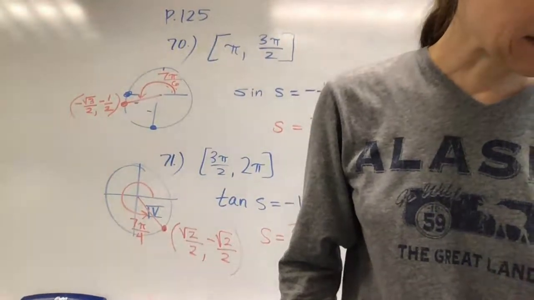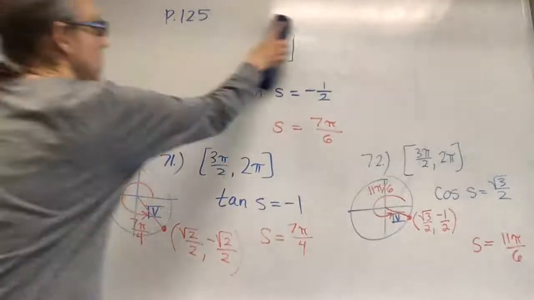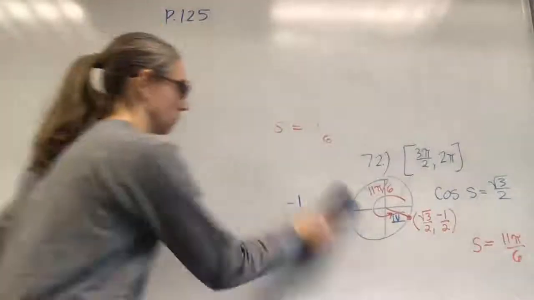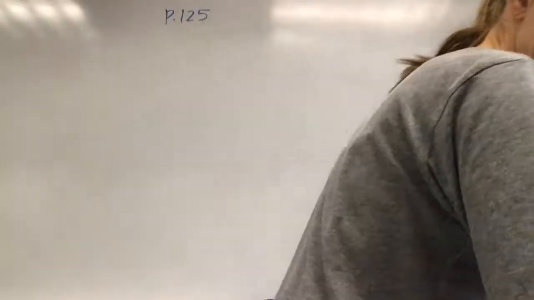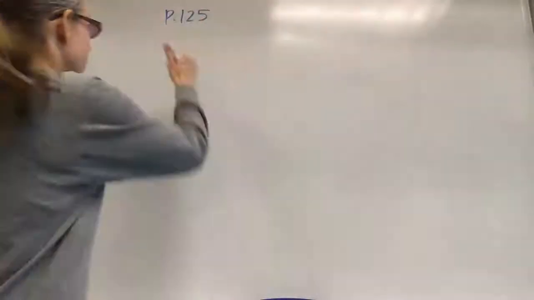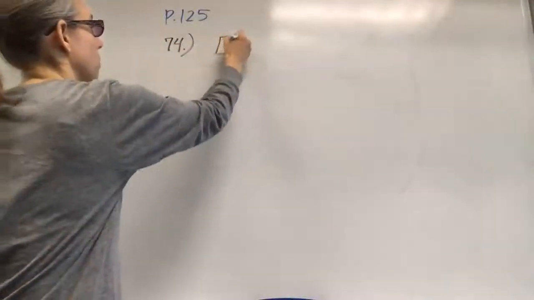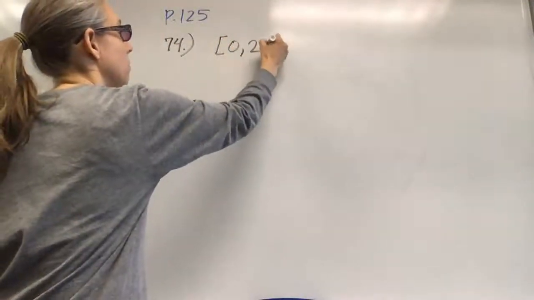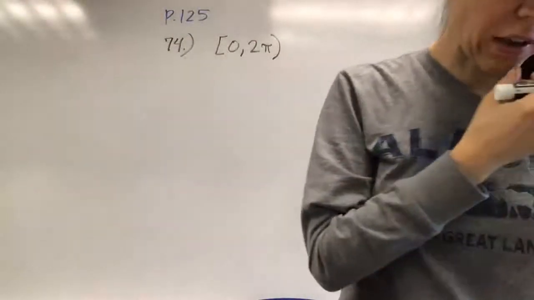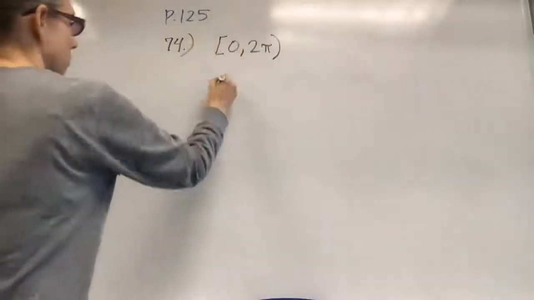All right, lastly, let's look at number 74. Zero to 2 pi, that's the whole circle. The equation is cosine of s is equal to -1/2.